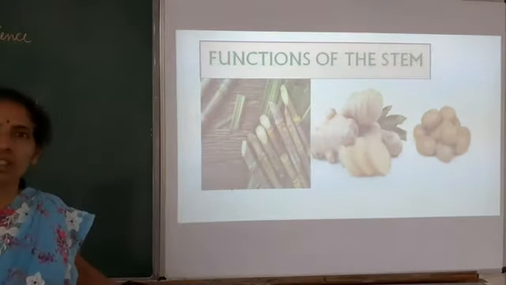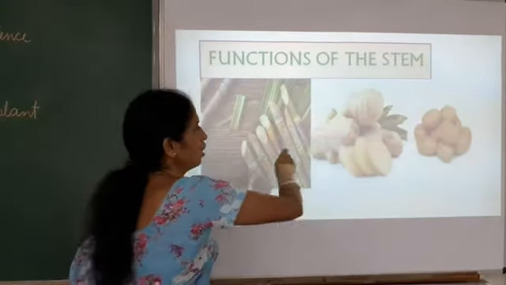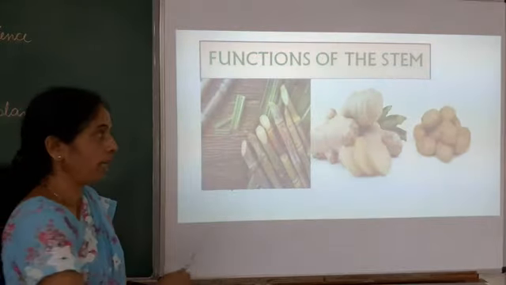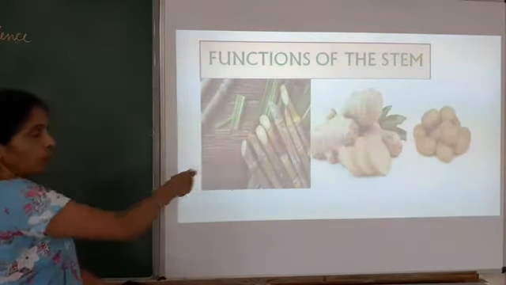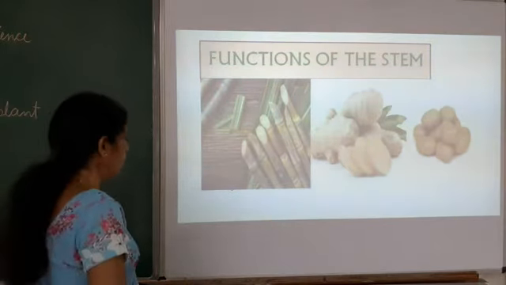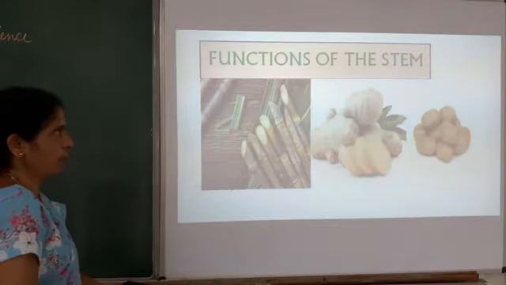Sugarcane is also a stem. All these stems are edible. We use them to make vegetables, and from sugarcane we use the juice to make juice. So now this is all about stem.